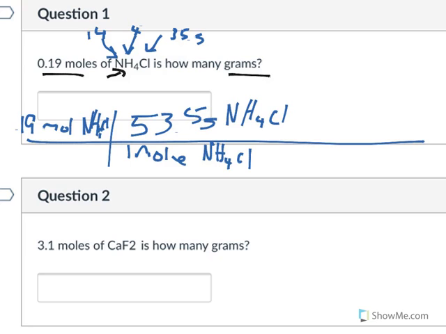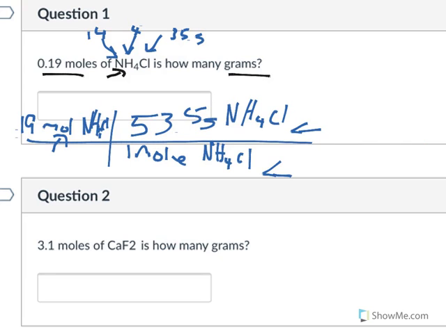But what we do to finish it out is, right here we converted from moles. We had 1 mole on the bottom equal to 53.5 grams. What we're going to do is take the 0.19 and times it by 53.5 to get the answer we're actually looking for.